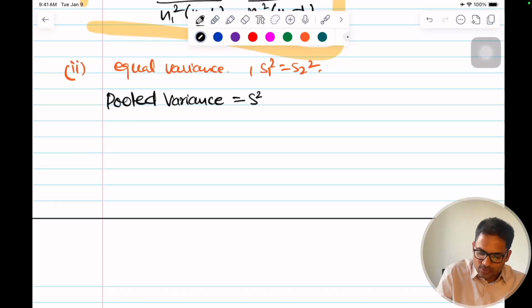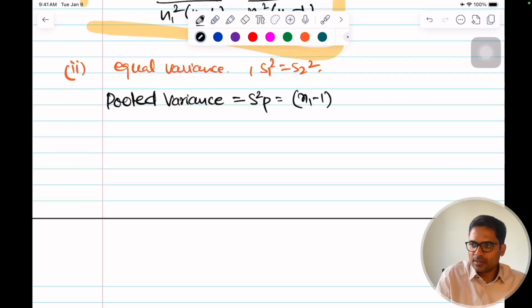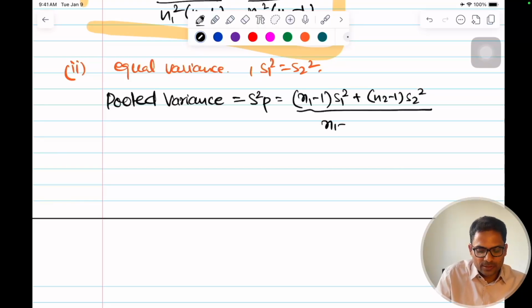So this is given by S square of P, pooled, equal to N1 minus 1 into S1 square plus N2 minus 1 into S2 square, divided by the sum of the degrees of freedom, N1 plus N2 minus 2.